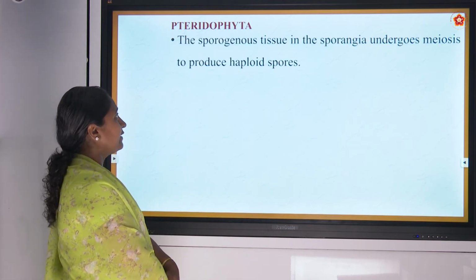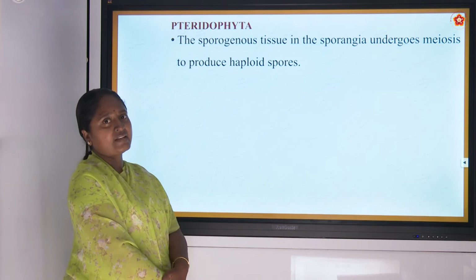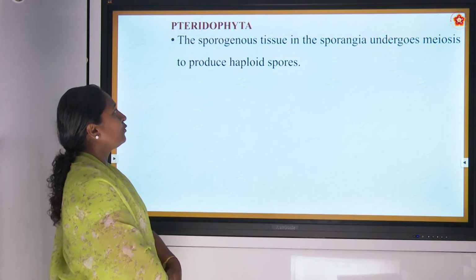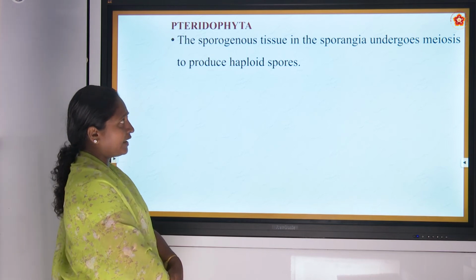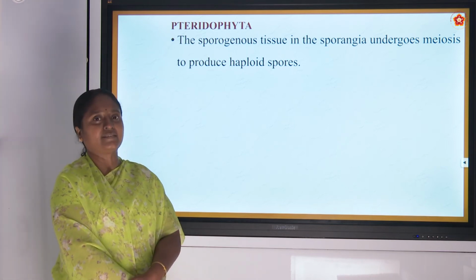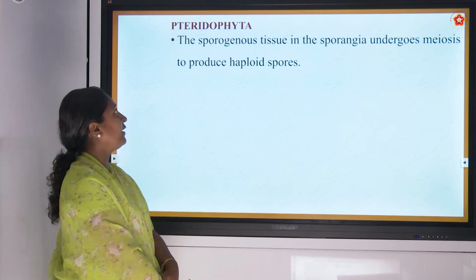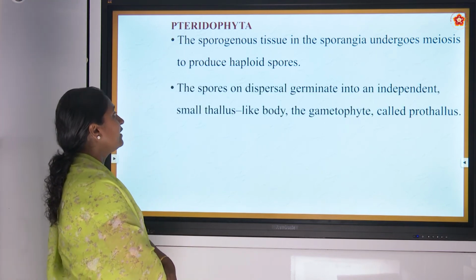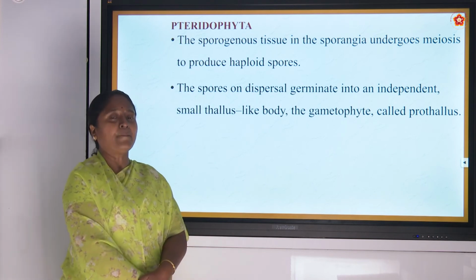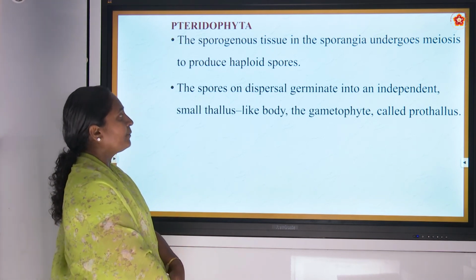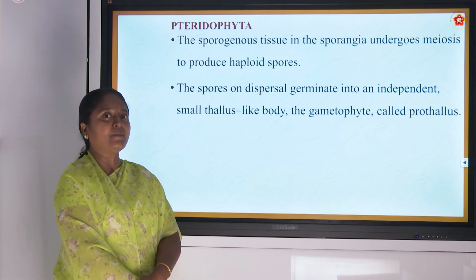In pteridophytes, the sporogenous tissue, that is the sori which we have seen, right? The sporogenous tissue, that is the sporangia, undergoes meiosis. In meiosis, they produce haploid spores. These haploid spores, upon dispersal from one area to another, germinate into an independent plant.